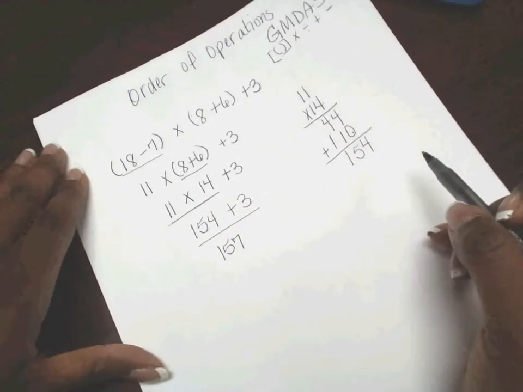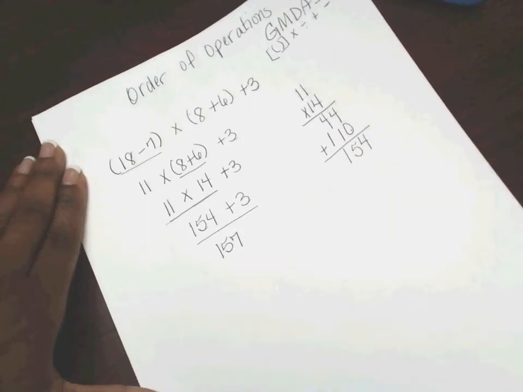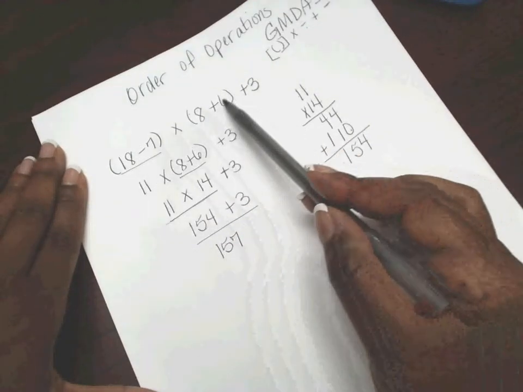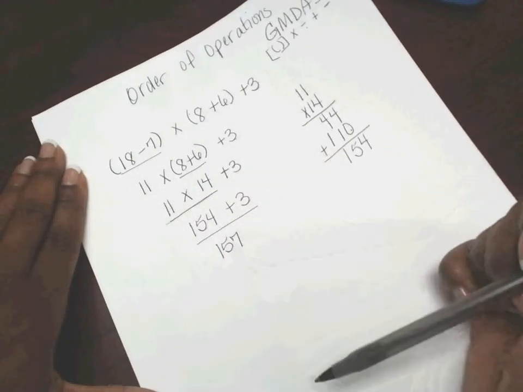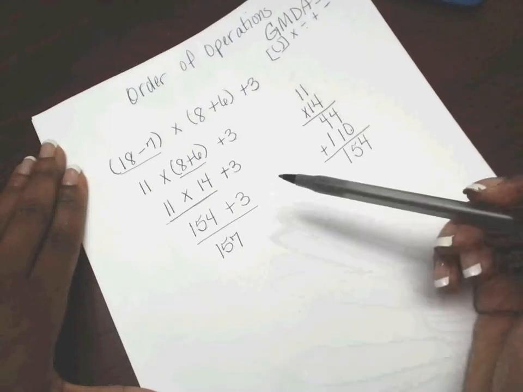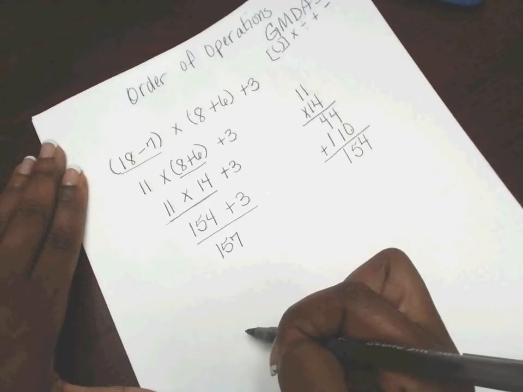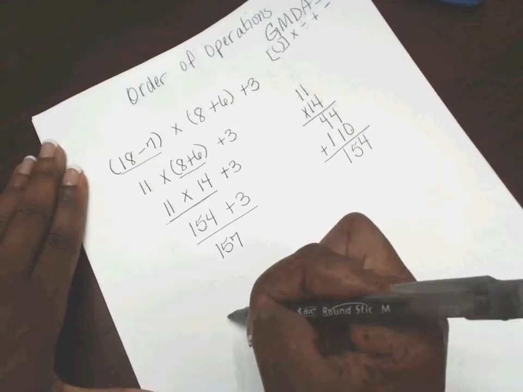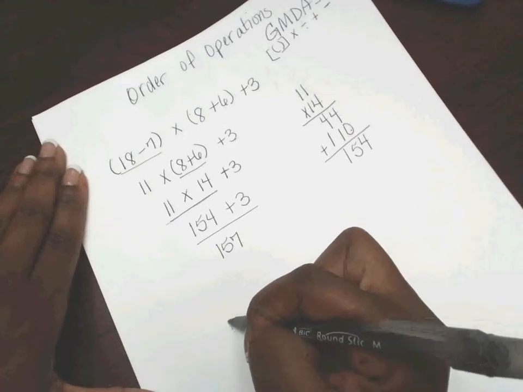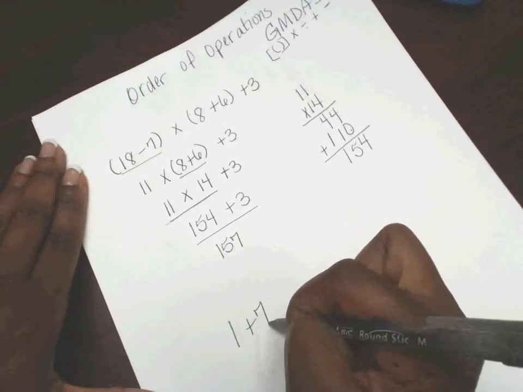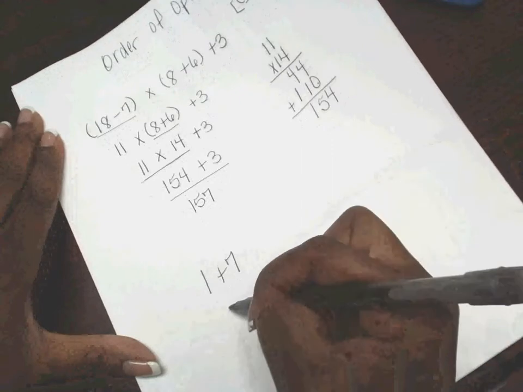And you've probably heard me say expression and equation. This is an expression of a value. The value happens to be 157. An expression would be something that has numbers and your operations, but it does not have an equal sign. It doesn't have an inequality sign. So this would be an expression, is an expression.